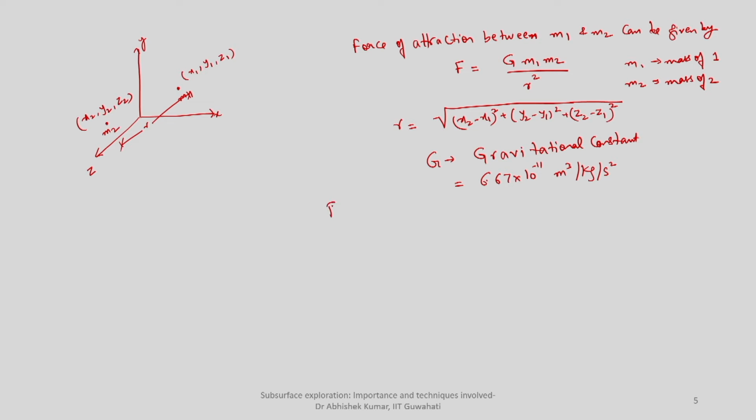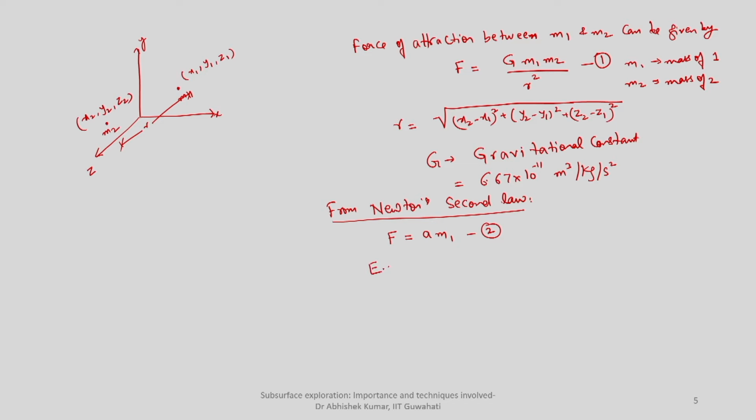Now, from Newton's second law of motion, force on an accelerating mass can be given as A times m. So, this is equation 1, this is equation 2. If I am considering force at mass m1, it will be given like this.